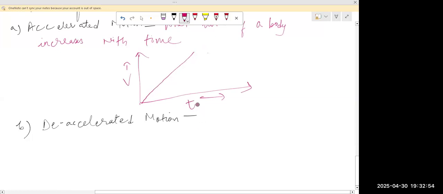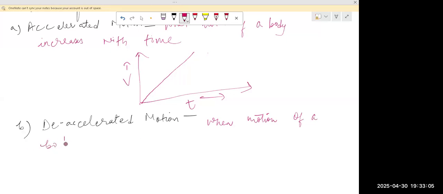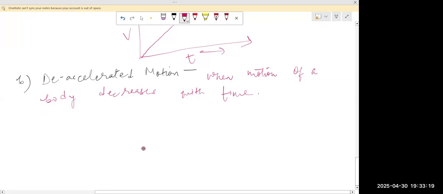Now in the second one, when the motion of a body, tell me, decreases over time. The body decreases with time. All right. So how will I make the graph? Can you try?